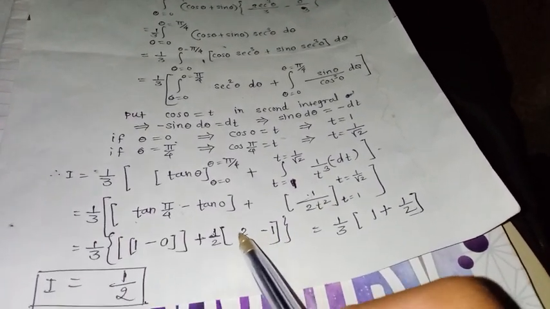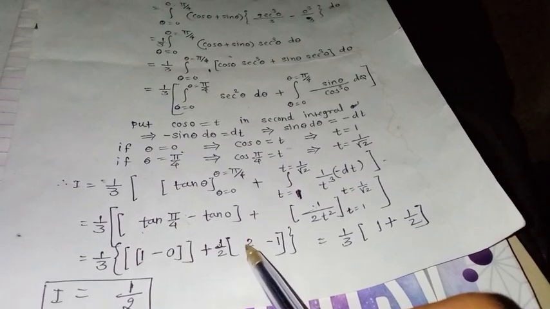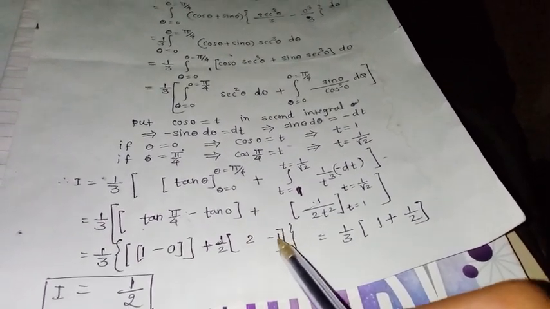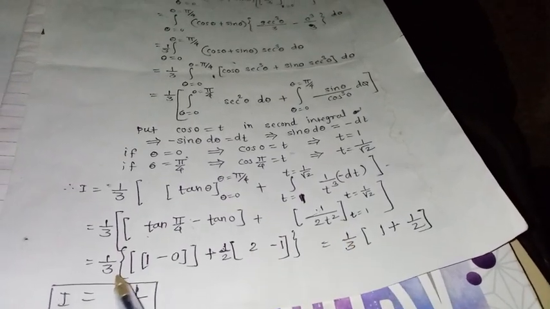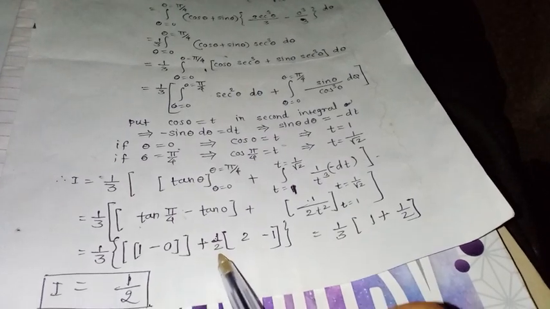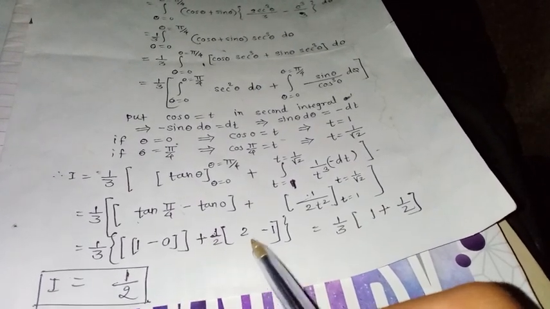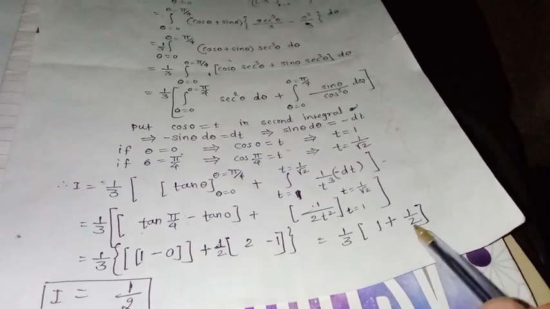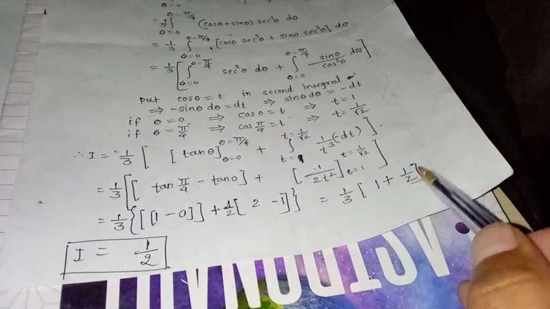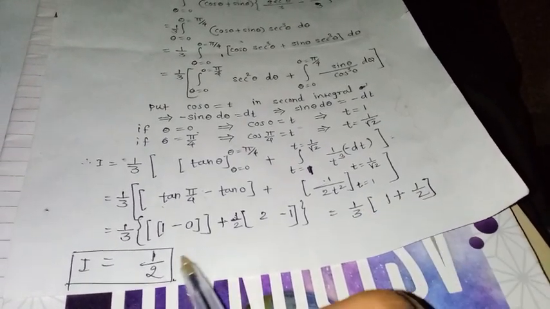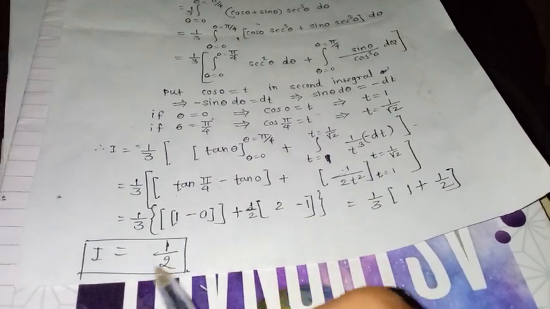So by putting the upper limit we'll get 2, and by putting the lower limit we will get 1. So in the next step, this 1 by 3 as it is, 1 minus 0, that is only 1, plus 1 by 2 into 2 minus 1, which is nothing but 1, and 1 into 1 by 2 is 1 by 2 as it is. And after solving this, 1 plus 1 by 2 is nothing but 3 by 2, and 1 by 3 into 3 by 2 is nothing but 1 by 2, that is our final answer.